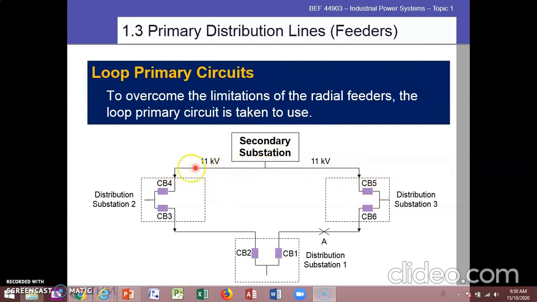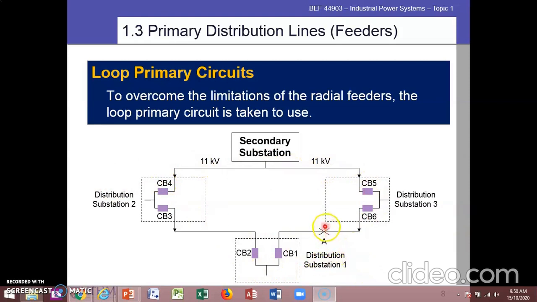The first one goes to distribution substation 2, then distribution substation 3, and also outgoing to distribution substation 1. The connection is in a loop for the 3 distribution substations. The supply is 11 kV for each distribution load.